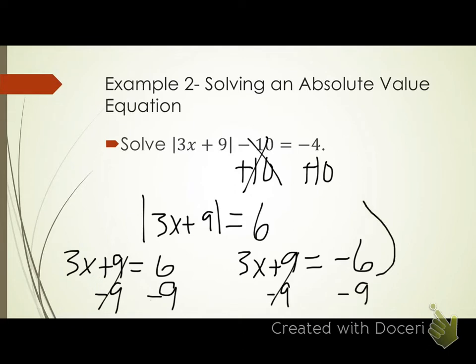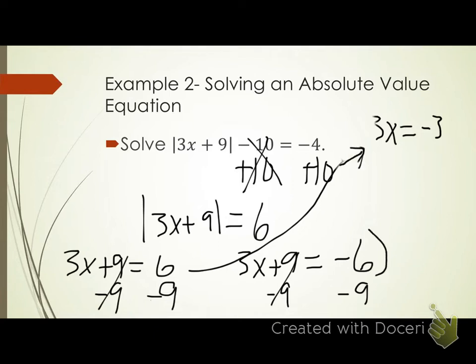Let's move our work up here. So on the left, I get 3x equals, what's 6 minus 9? Negative 3. On the right, I get 3x equals, what's negative 6 minus 9? Negative 15.